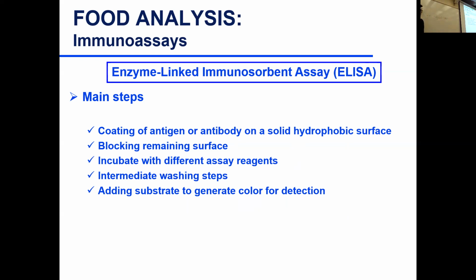And if I'm going to do a sandwich ELISA, I will start by putting my sera or antibodies to the antigen of interest. So I will add to the hydrophobic surface my antibodies. So they will bind, they're proteins. They're going to bind via hydrophobic interactions to my hydrophobic surface. And then I have a wash step.